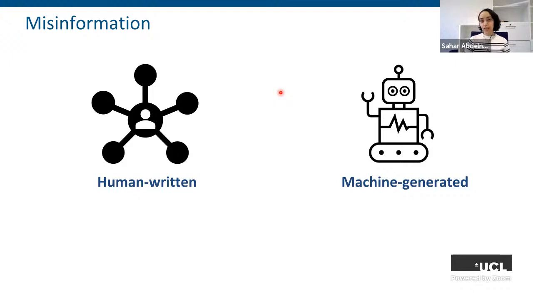Okay, so I first would like to start with an overview of the topics that I'll be talking about today. I have been working on developing machine learning-based solutions against misinformation, specifically against two types. The first one is human-written misinformation. In here, adversaries or malicious actors can create or craft certain claims that are not entirely true. They might want to propagate and spread them.